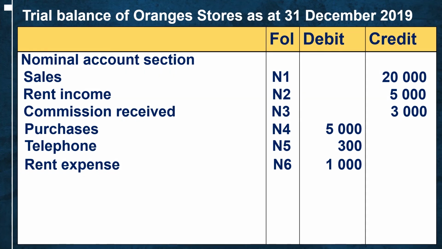And finally, we write salaries in the first column, and in the folio column, we write N7 and record the amount of 2,000 Namibian dollars in the debit column because salaries increases on the debit side.